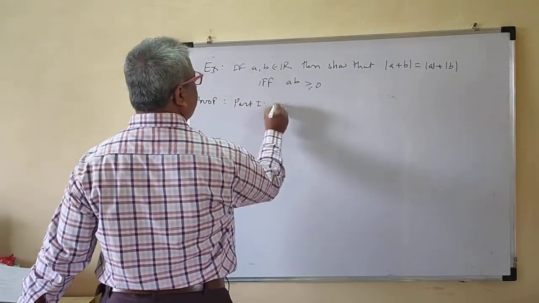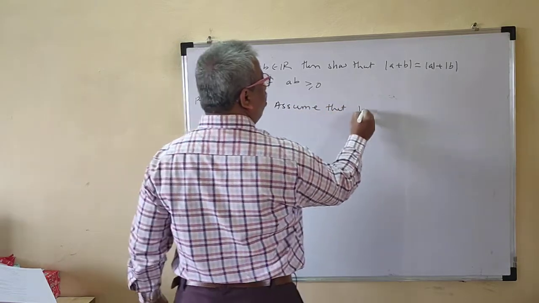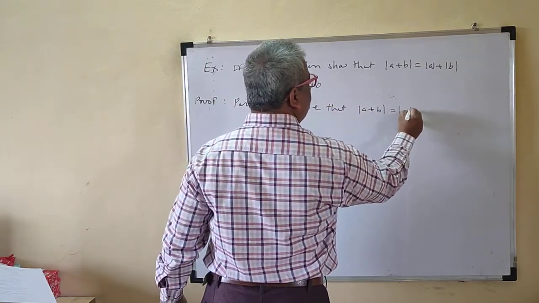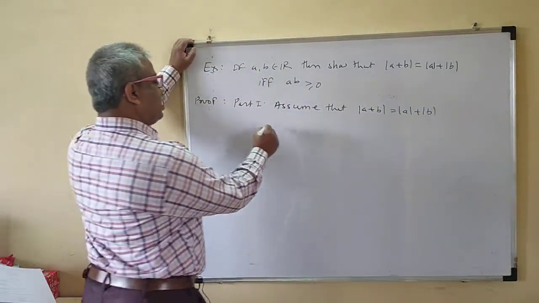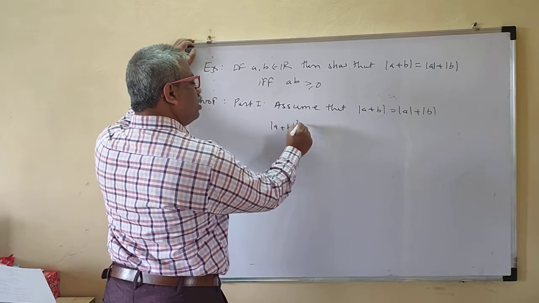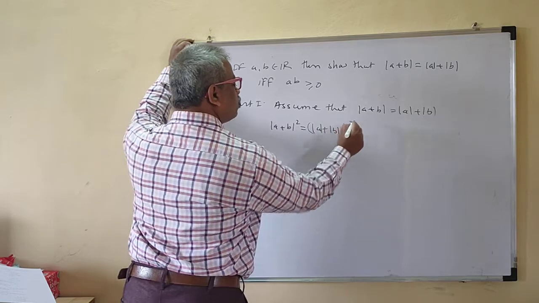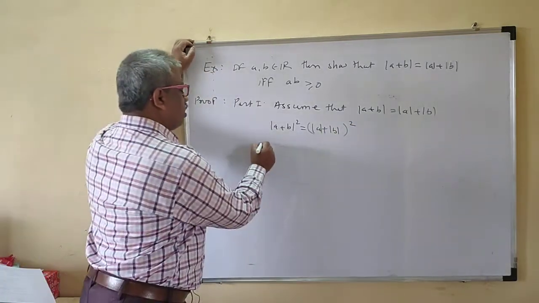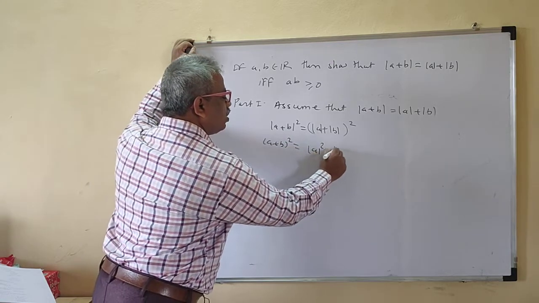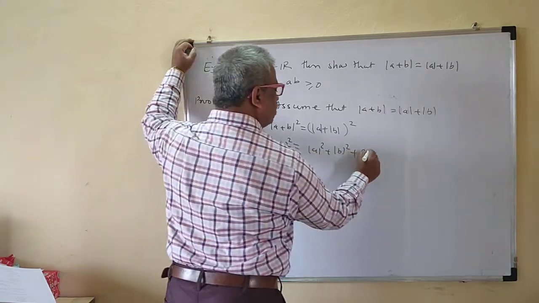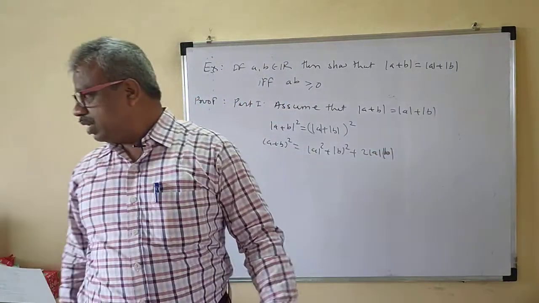Okay, so part 1, assume that mod of a plus b is equal to mod a plus mod b. So I can take the square. Mod of a plus b square is equal to mod a plus mod b square. Okay. So now this is nothing but (a plus b) square, usual, and this I can write as mod a square plus mod b square plus 2 times mod a mod b.